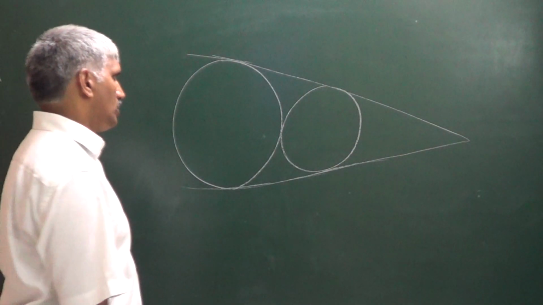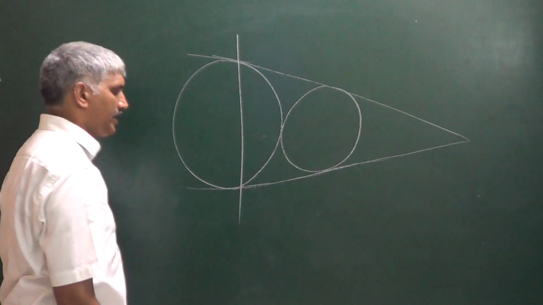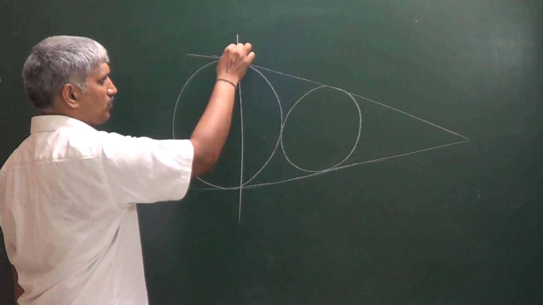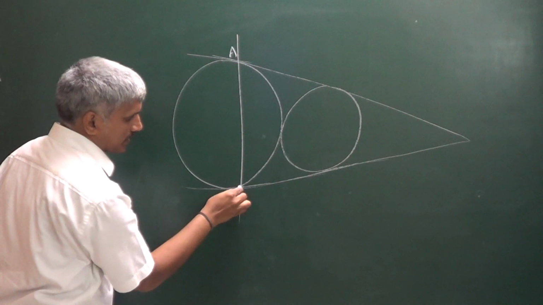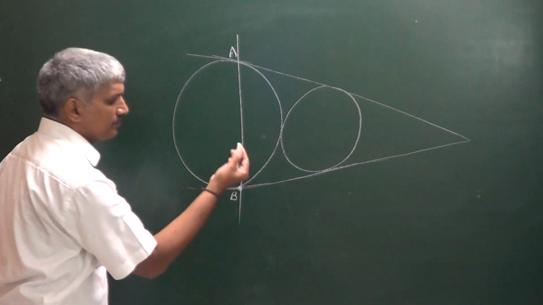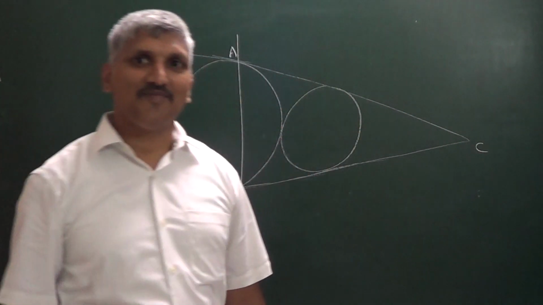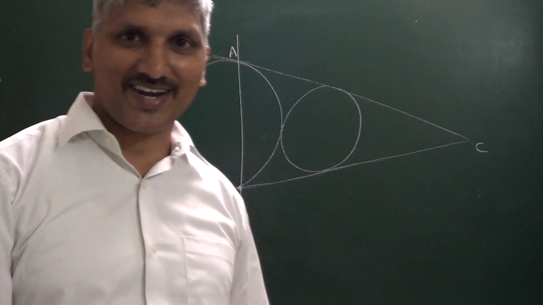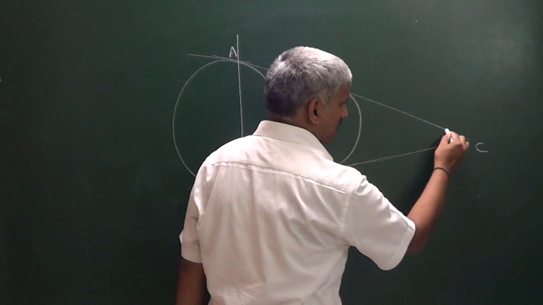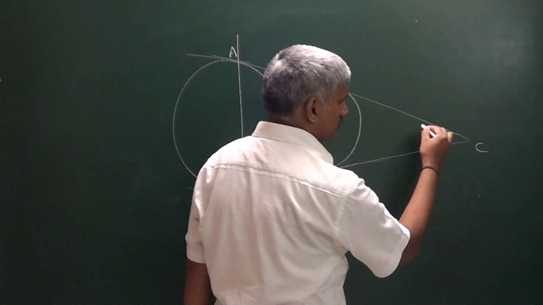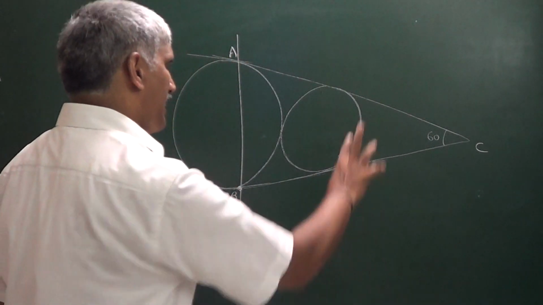Now these two tangents touch the circles at A and B. Let us say this point of contact is A. The tangent touches the circle at this point B. And let us say this is point C. ABC is an equilateral triangle. Just now we got the information that this angle is equal to 60 degrees when the radii are in the ratio 3:1. That's why the angle is 60.